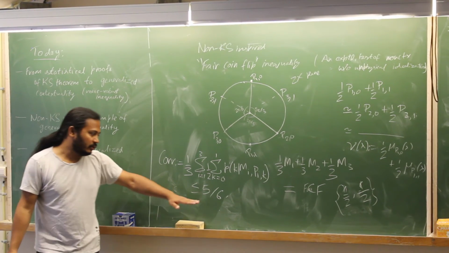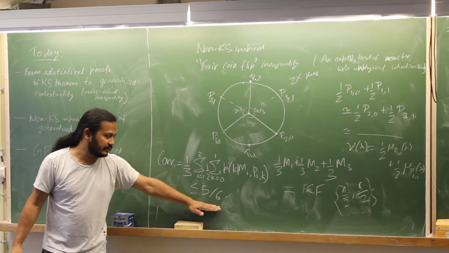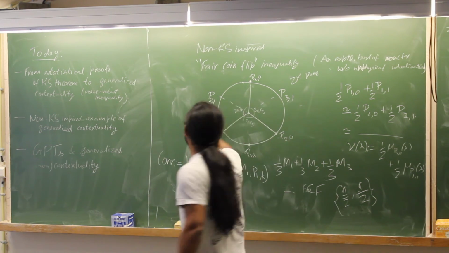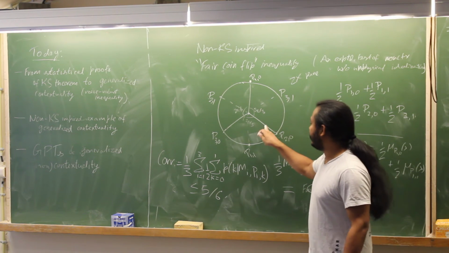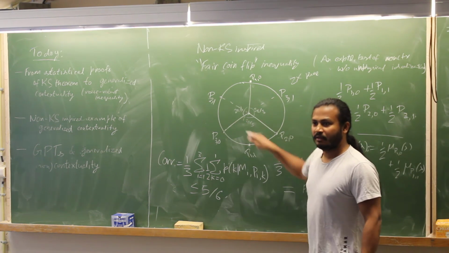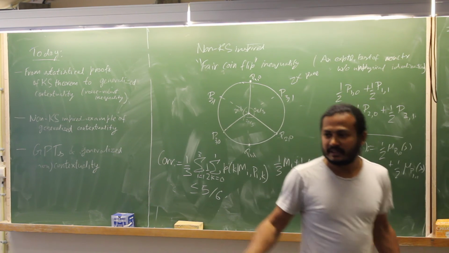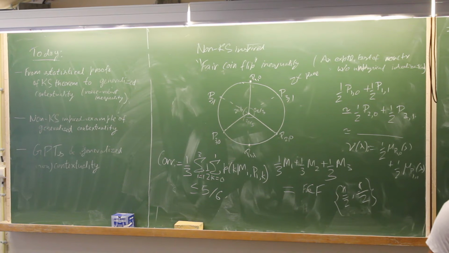And you'll see that you can obtain this inequality, and it can be violated if you have perfect preparations and perfect measurements. Of course, if you had imperfect ones, if you were noisy, then maybe you're below this and then you can't violate it. That's the same lesson here, but I only mention it because it's not of the Kochen-Specker style. It's a generic proof.